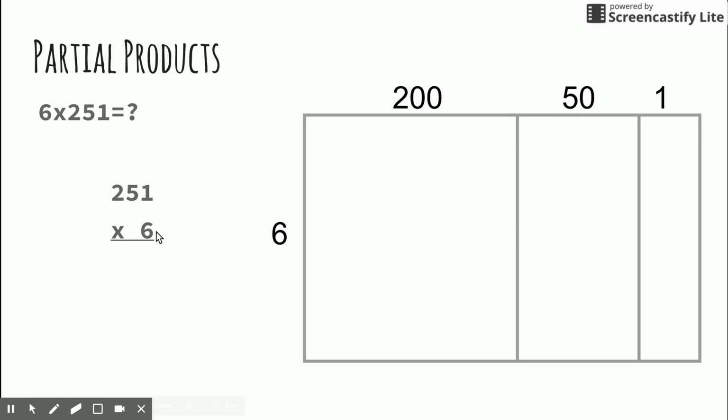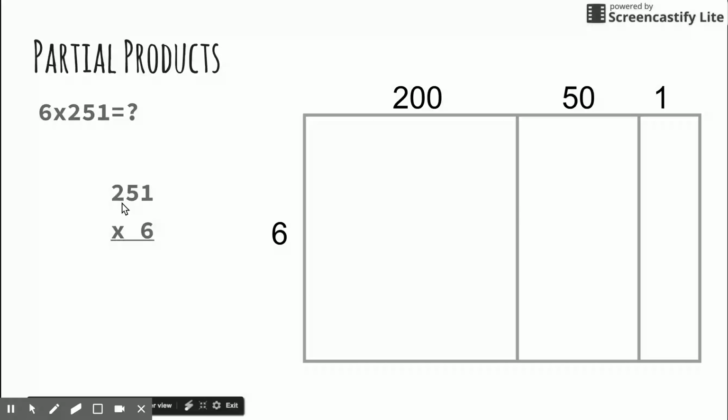And what we're basically going to do is take each place of the larger number, and instead of thinking about it as a 2, like you would when you're doing the algorithm, we're going to think about the value of that number. So we always start with the larger number when we're doing partial products, although you could start with a smaller number, but generally we start with the larger number.